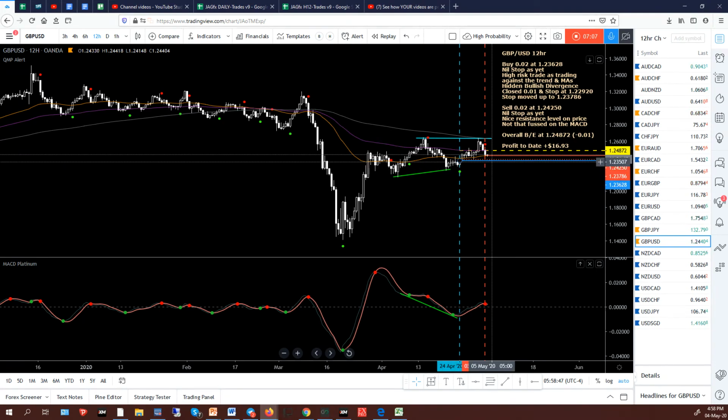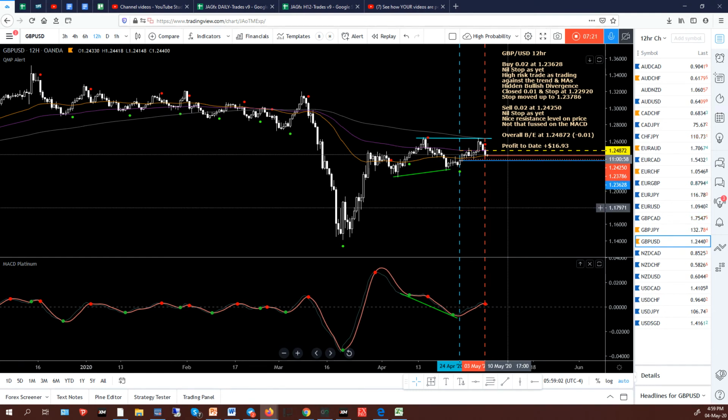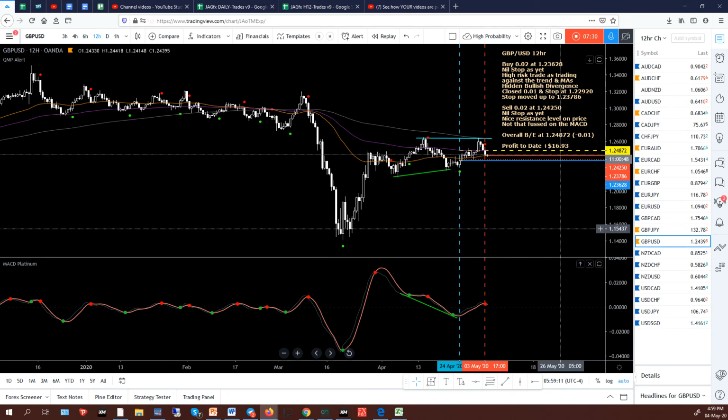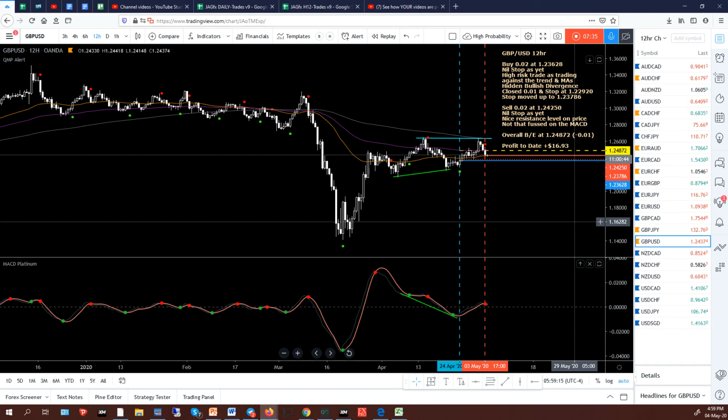What I did is I've taken that sell and I've also moved my stop on the buy up from just below the entry to above the entry level, so I can't lose on the buy trade. Ideally, I want to see price drop down through that, take the stop out on that buy and make some pips on the sell side. So that's it. Overall break even is this yellow line up here. As long as price stays below that yellow line, both trades are in profit. So that's the pound USD.